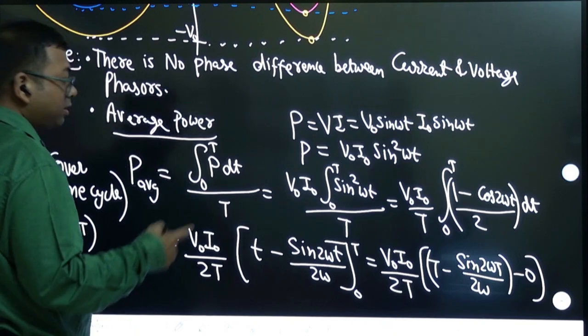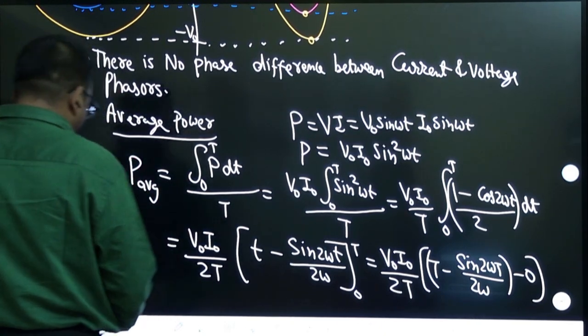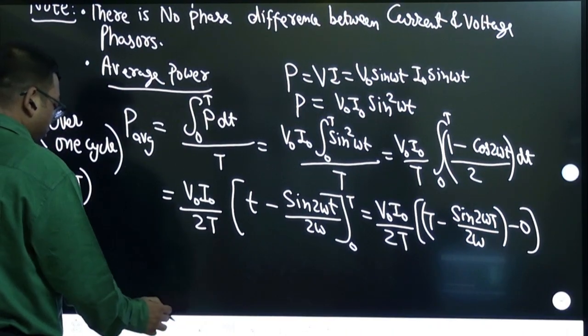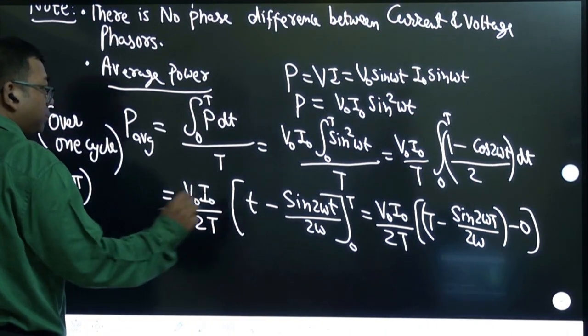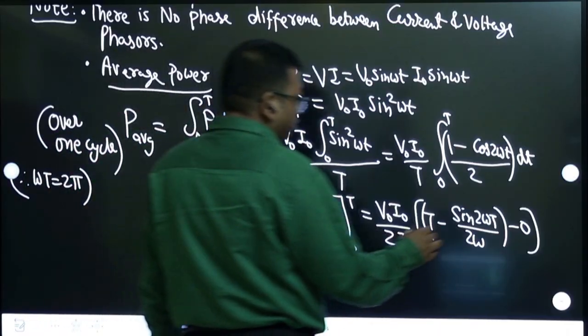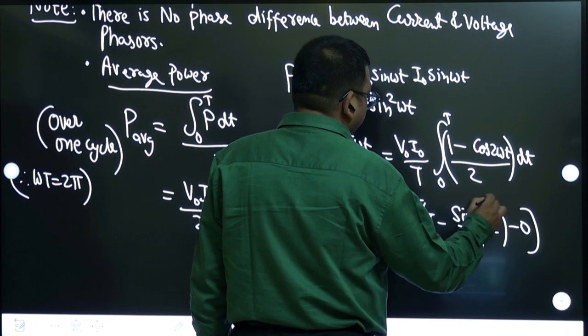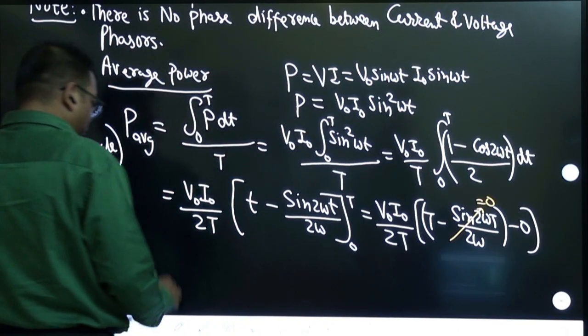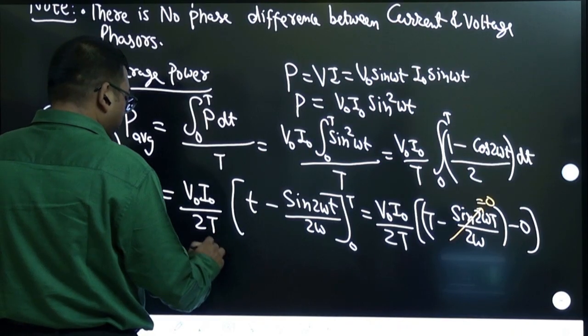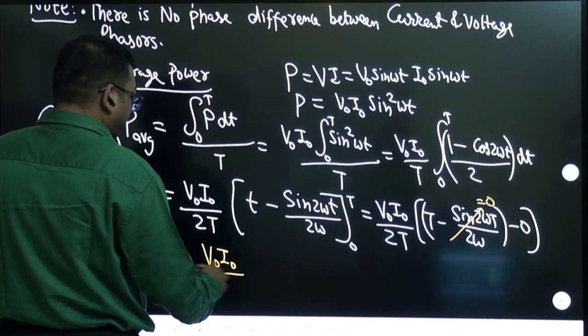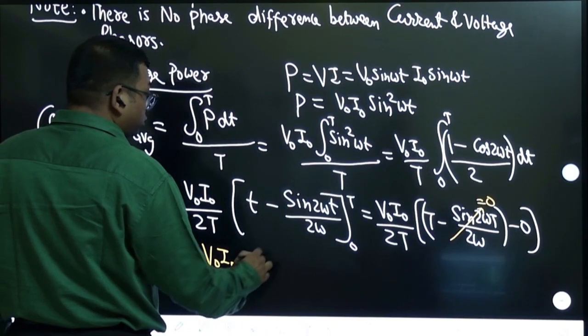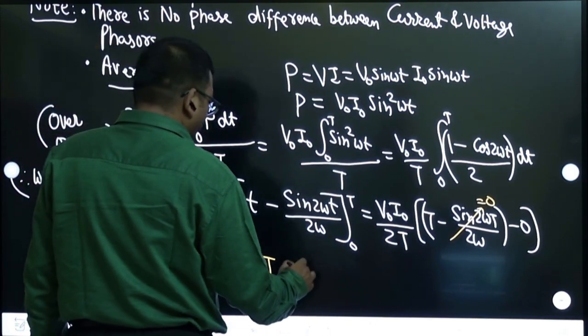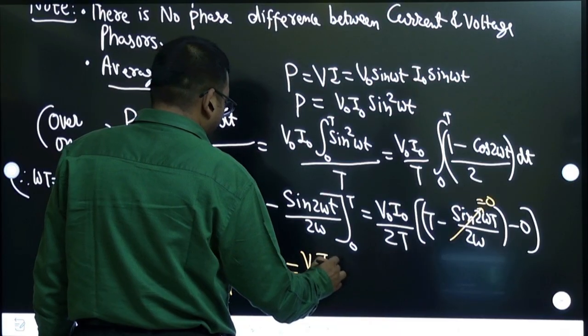So 2 omega t will become 4 pi and sine 4 pi is also 0. So now directly we will put that term as 0. Finally we will get V naught I naught by 2t into t. So that's what we are getting, V naught I naught by 2.